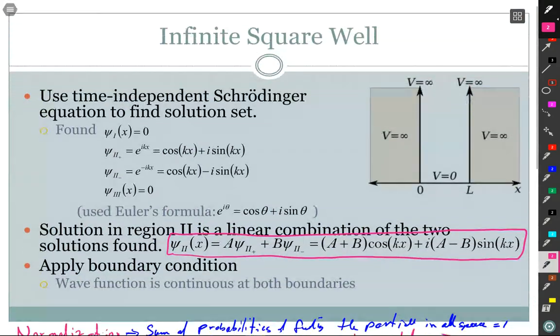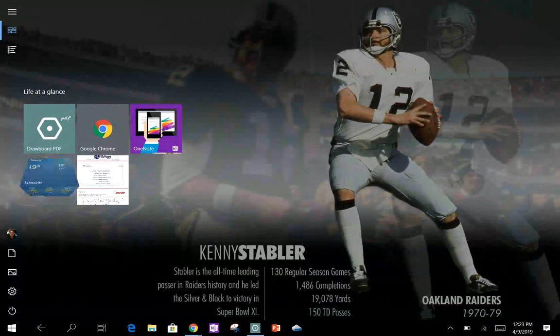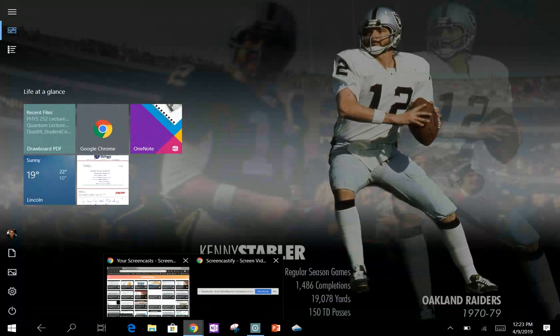So that's where that square root of 2 over a comes from, and here notice I changed from L to A, to be consistent. So that's my solution. I will pick up here next class period. And so next class period, we'll be talking about what does this mean?